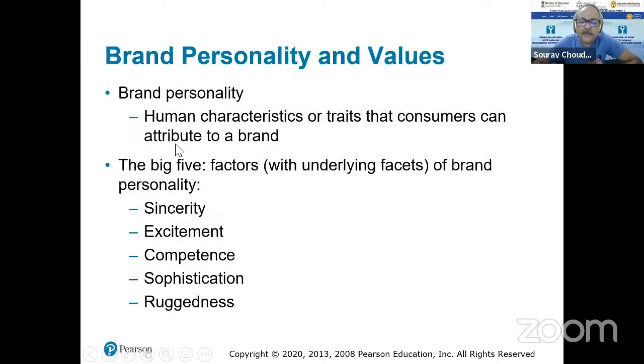Brand personality, we have already learned about this. There are the big 5 factors of brand personality: sincerity, excitement, competence, sophistication, ruggedness. Last week we read about it. We came to know about some of the brands which are rugged, and we said that some brands are sincere. Let me see which they are, just to remind ourselves. So brands are like human beings. Brands have attributes like human beings. So they are either sincere, they show excitement, they have competence, sophistication, ruggedness, and so on and so forth.